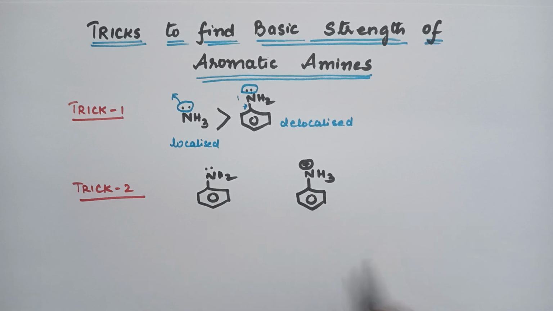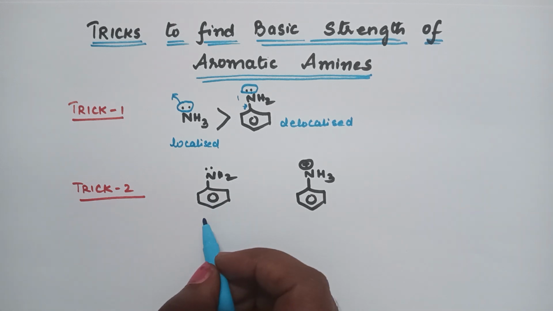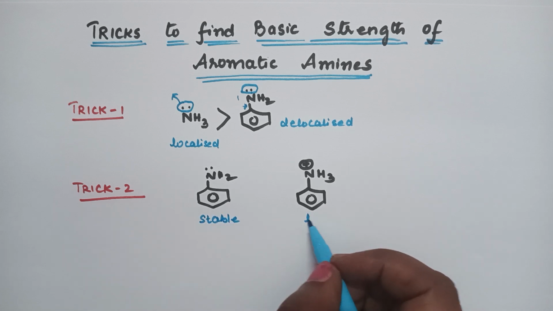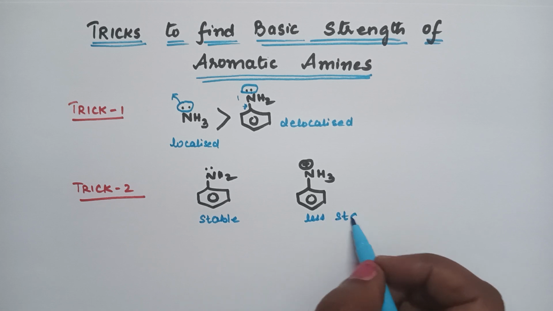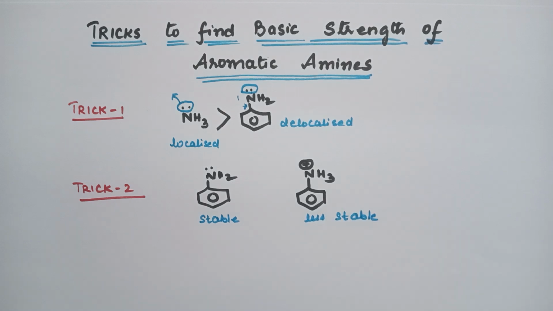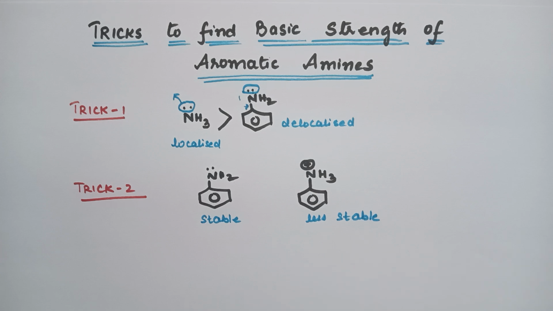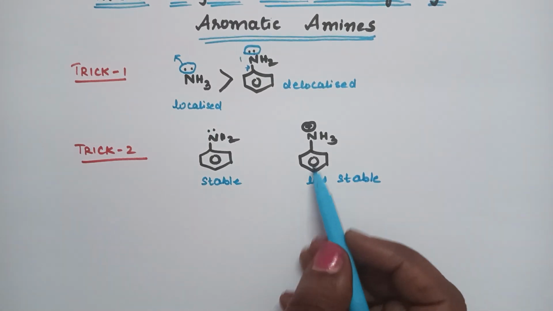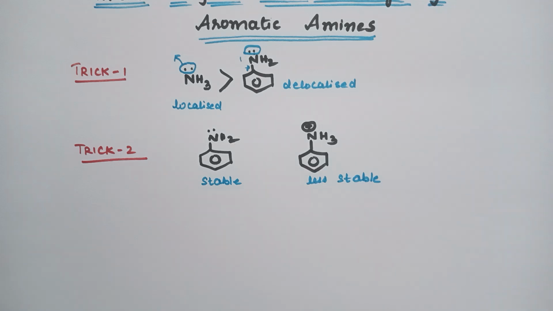Which is more stable? Here you can see this is more stable and this is less stable. Let us see the reason why aniline is more stable and the anilium ion is less stable.